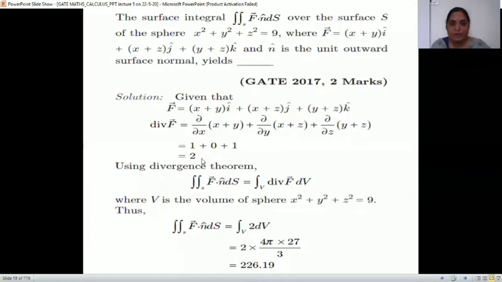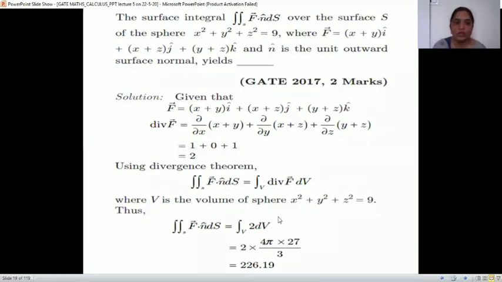And we know this theorem, we are writing this, where V is the volume of the sphere. The sphere is given to us: x square plus y square plus z square is 9. So this is equal to the triple integration of the divergence of F bar, which is 2, so 2 dV. The 2 will come outside, and the triple integration of dV is the volume of the sphere.